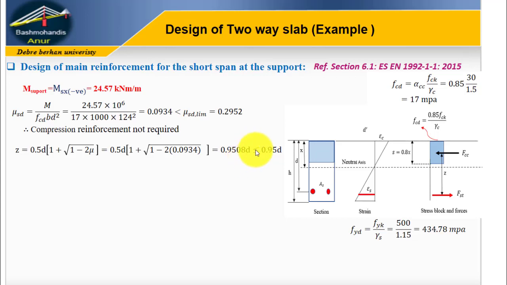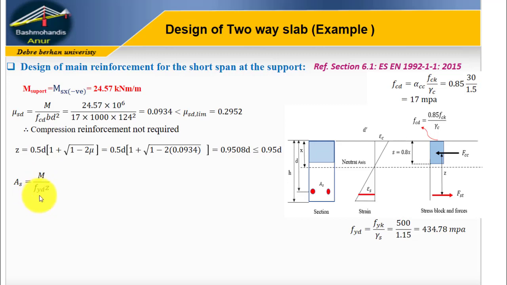This must be less than or equal to 0.95 d. The z value must not exceed this. If it is greater than 0.95 d, we have to take 0.95 d. In this case it is greater than 0.95 d, so our z value will be 0.95 d.